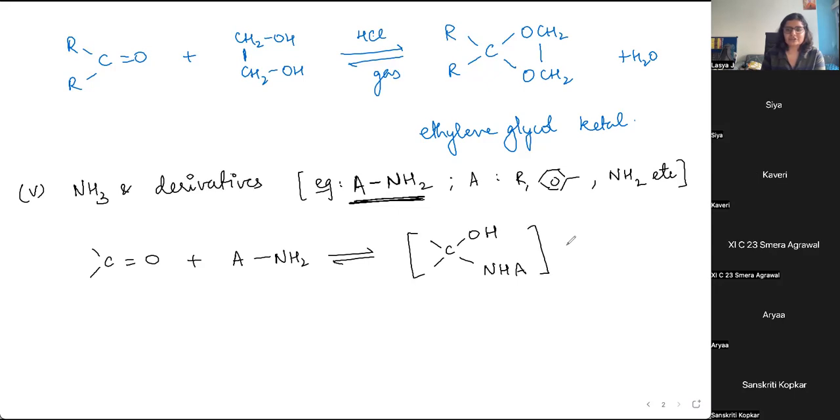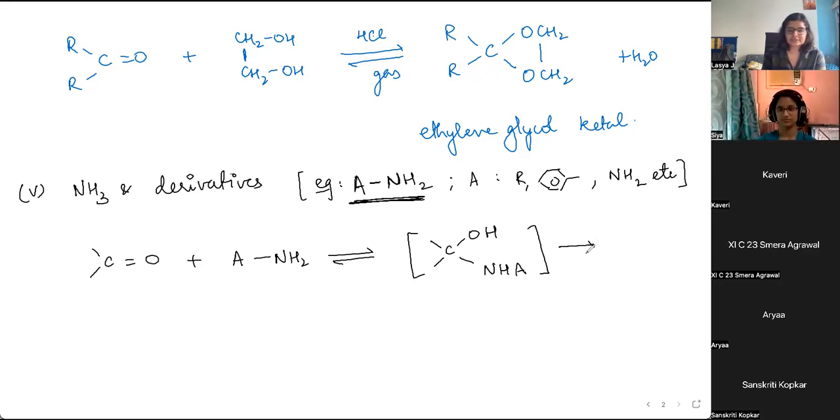And this particular compound is converted to, so this loses a molecule of water in order to give this sort of a compound.